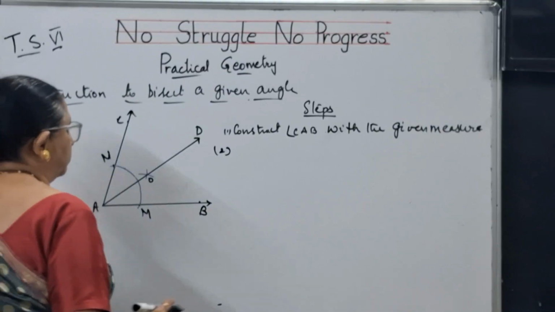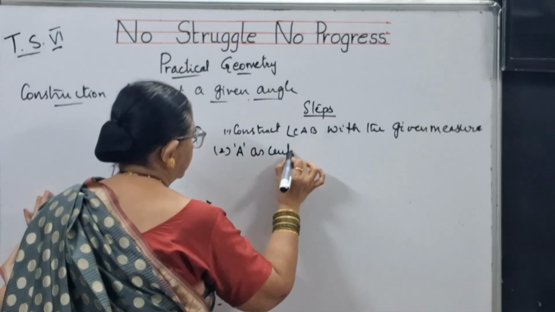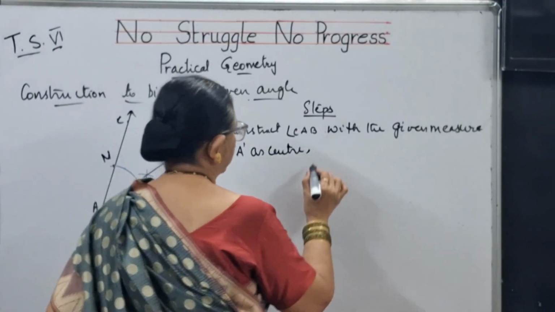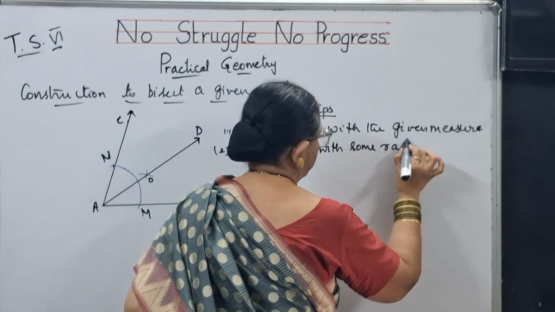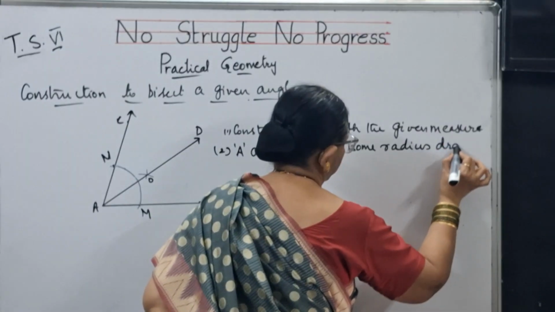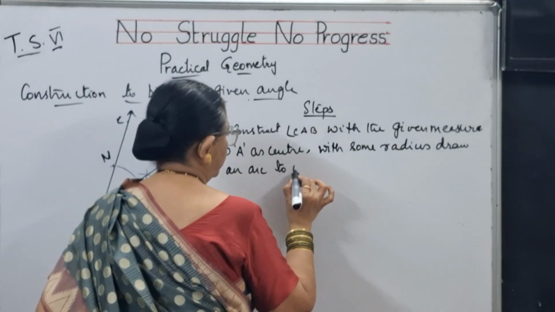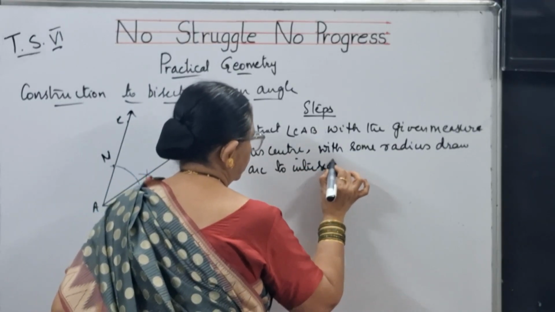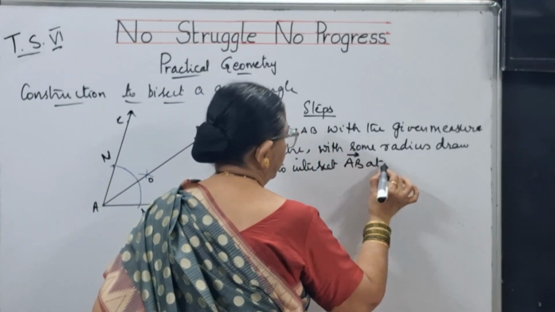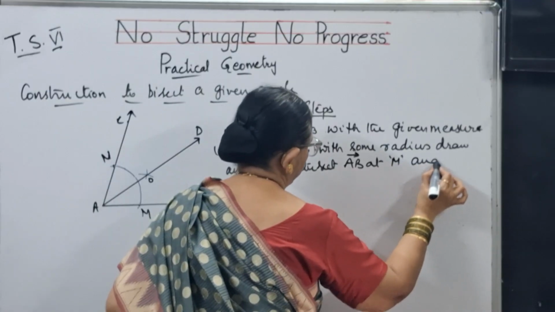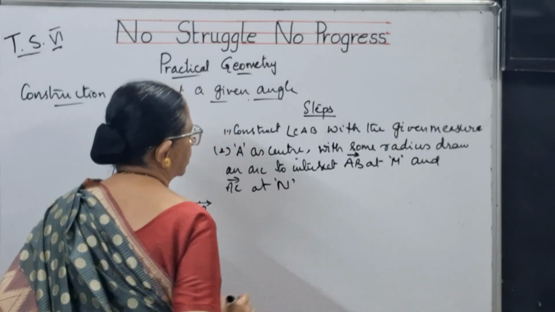After constructing that, with A as center and some radius, draw an arc to intersect AB at M and AC ray at N. Okay.